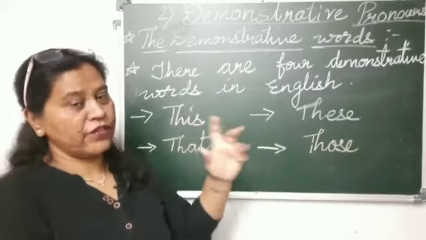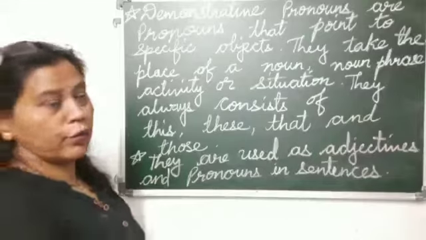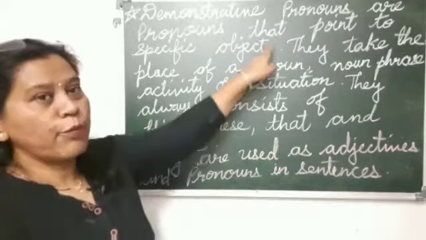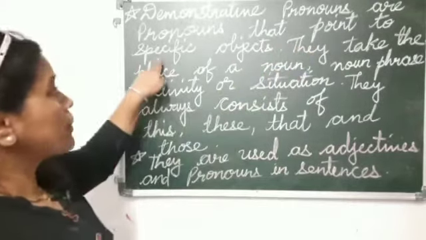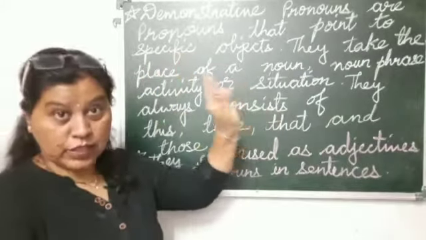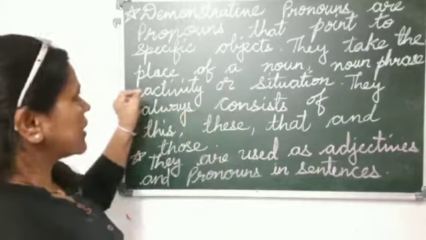Now we'll learn the definition of demonstrative pronouns. Just have a look at the board. Demonstrative pronouns are pronouns that point to specific objects.